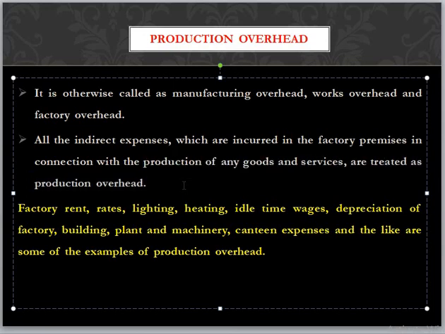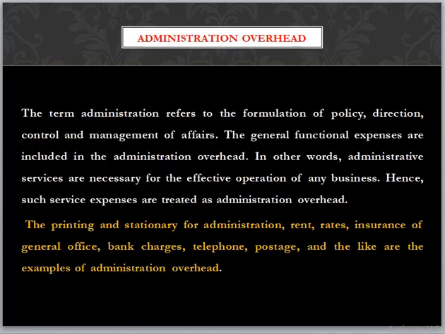So the indirect expenses related to your production center, your factory, your manufacturing unit are called production or manufacturing overheads. Examples are the rent of the factory, rates, taxes paid for the factory, lighting bill, heating bill, idle time wages, depreciation of factory building, plant and machinery, canteen expenses, and the like. All these are examples of production overhead.